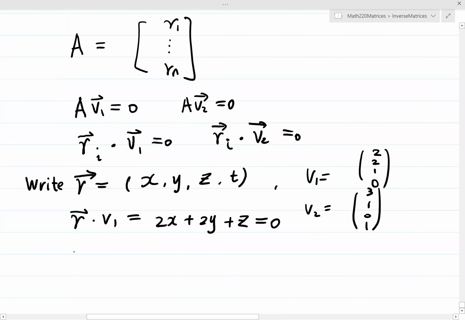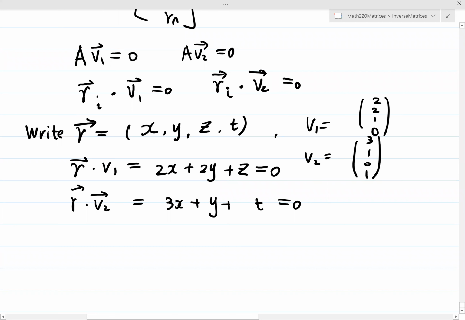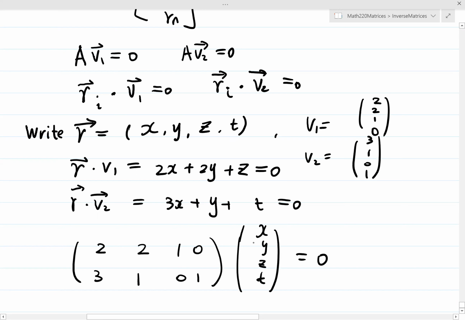And R dot V2 is 3x plus y plus no z plus t, which is 0. If we write this in matrix form, it is the matrix with rows (2, 2, 1, 0) and (3, 1, 0, 1) times (x, y, z, t) equals 0.